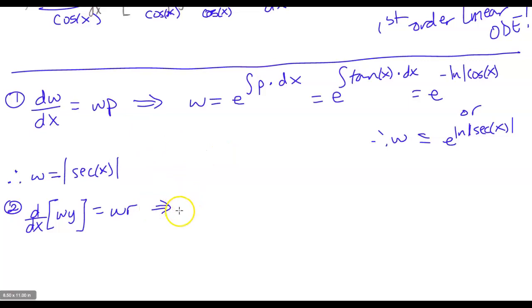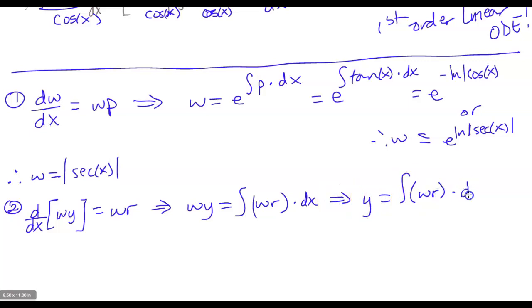And if we do that, then we know that wy just ends up being the integral of wr times dx. And thus, we know that y is just going to be all this business here.